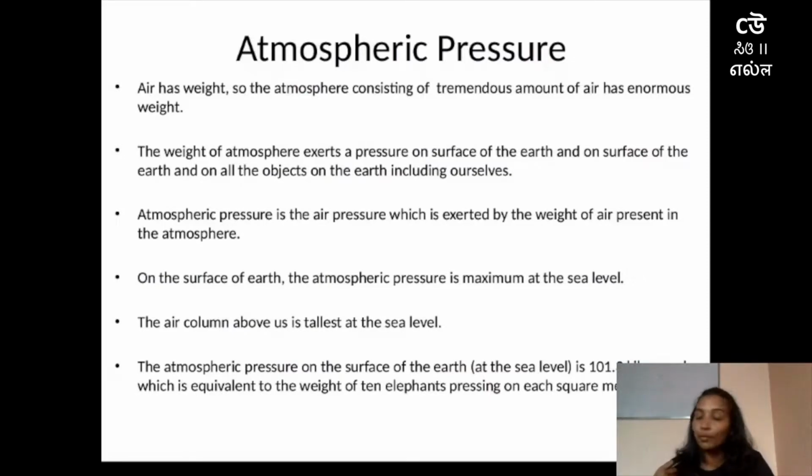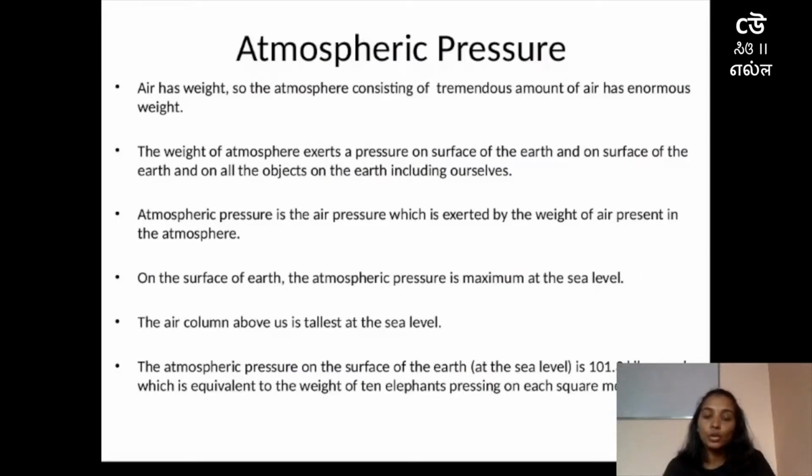But we won't be able to experience atmospheric pressure. Why? Because equal and opposite pressure is created by every human being on earth. Therefore it is balanced, and atmospheric pressure isn't experienced by any of us.